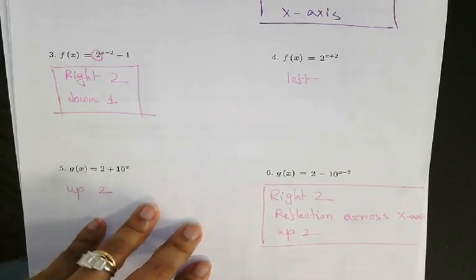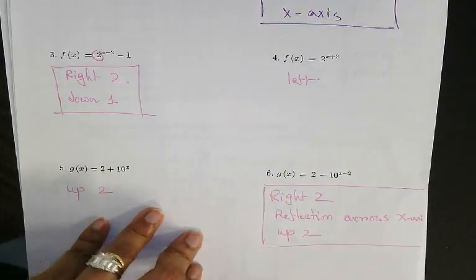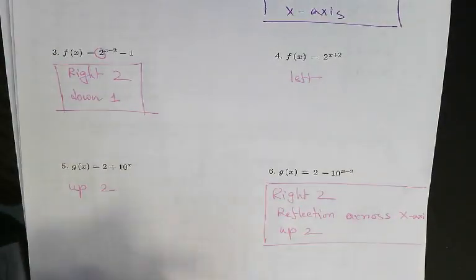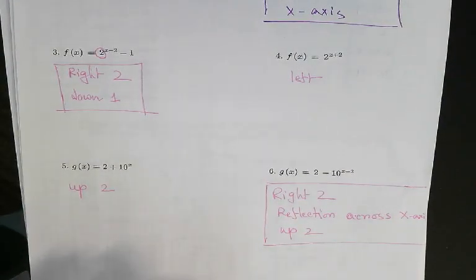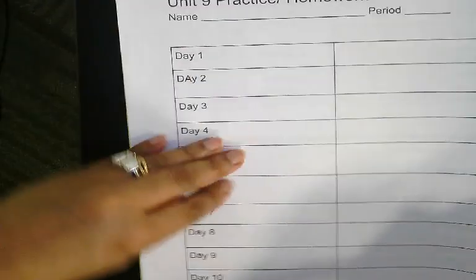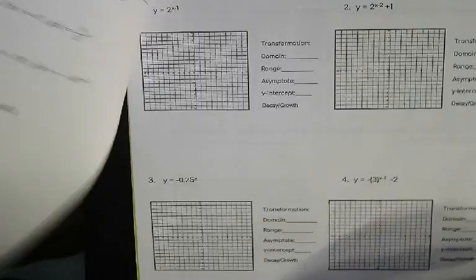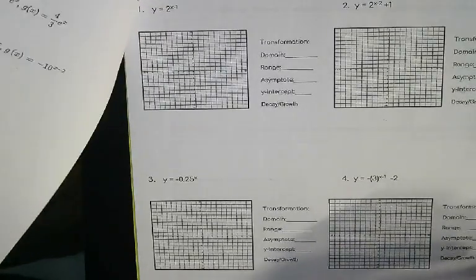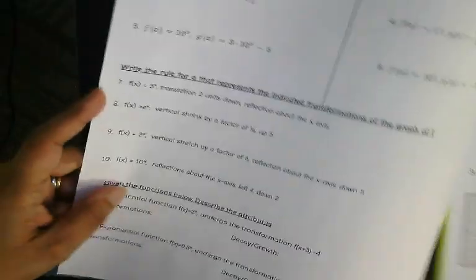All right. You're going to go to your practice paper now. You're going to do number 1 through 10. Go to your practice paper, and you're going to bring it to me now so I can stamp it.